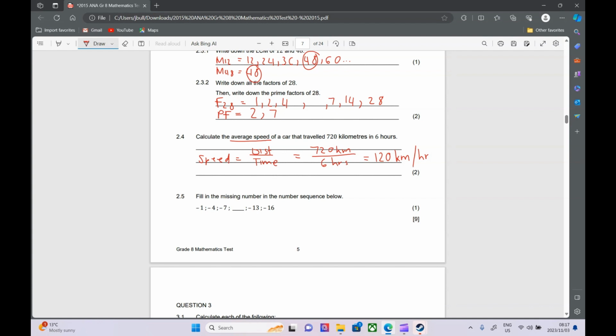And then calculate how much interest Mr. Jones owed if he borrowed 10,000 Rand at 15% per annum simple interest for a period of 3 years. Okay, so what you would work out here is you are going to say 15% of 10,000 Rand.